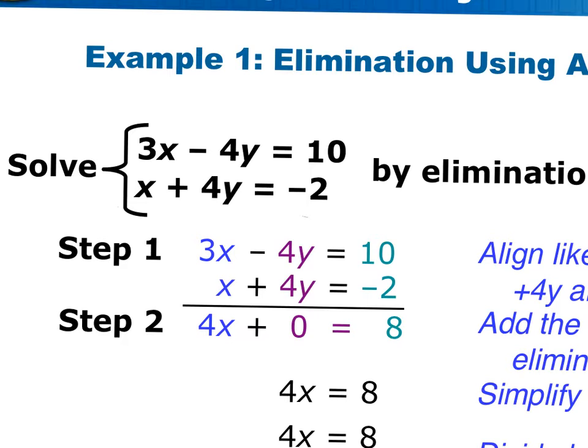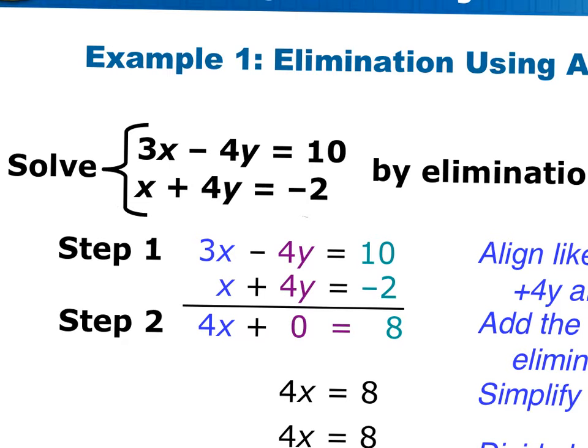So notice 3x plus 1x is 4x. Negative 4y plus positive 4y gives me 0. That cancels. And then I do 10 plus negative 2, and I get 8. And then now that the y's are gone, I'm left with an equation to solve. I get x, and then plug it back in. So watch.